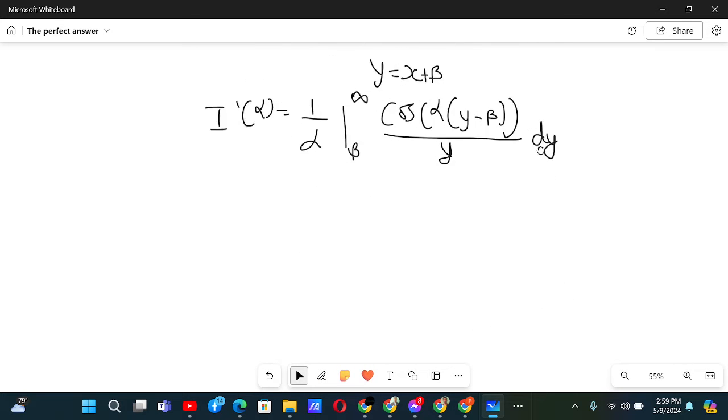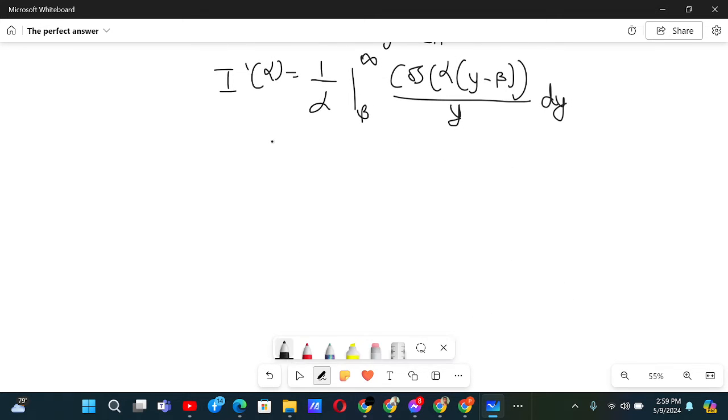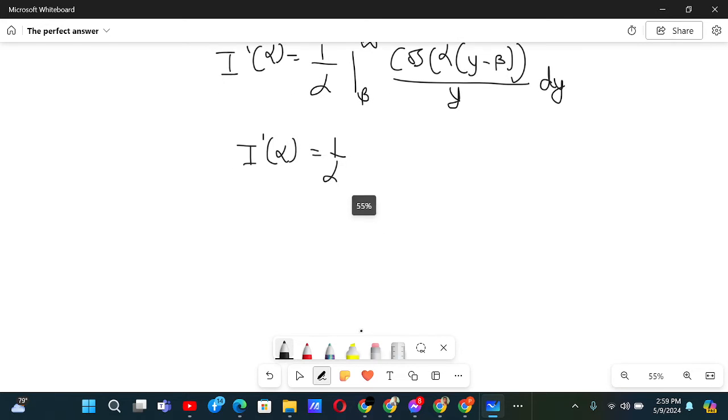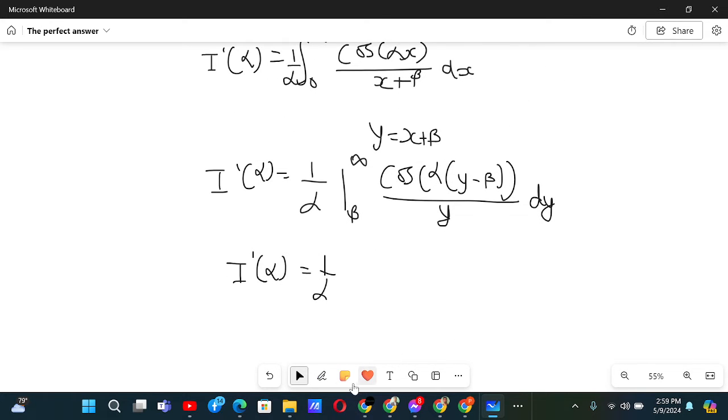So we get I dash of alpha as 1 by alpha times this integral from beta to infinity.